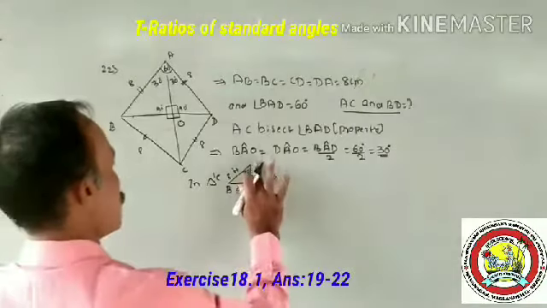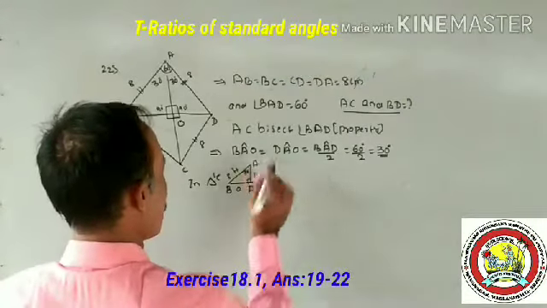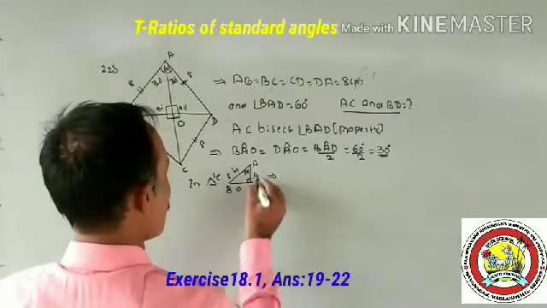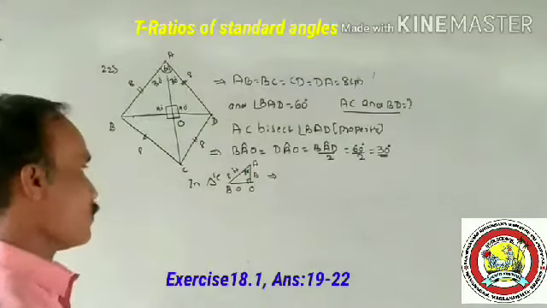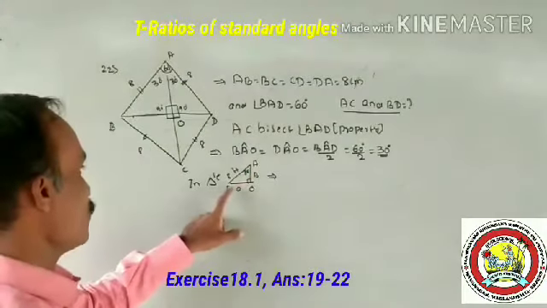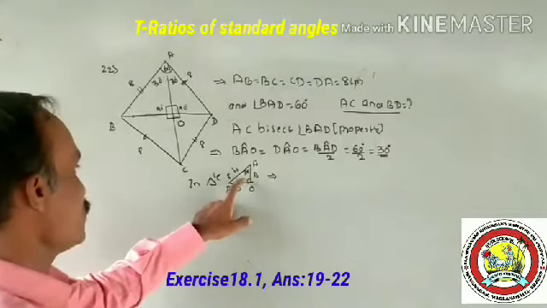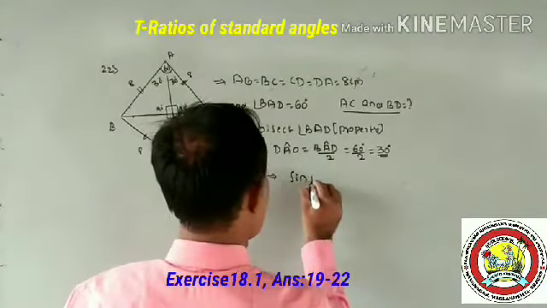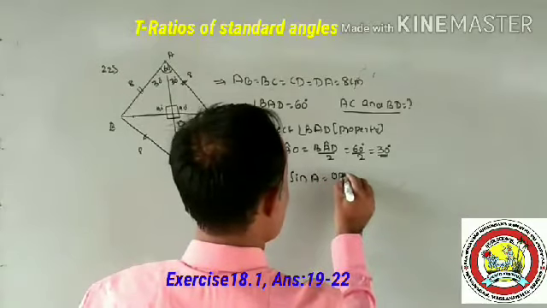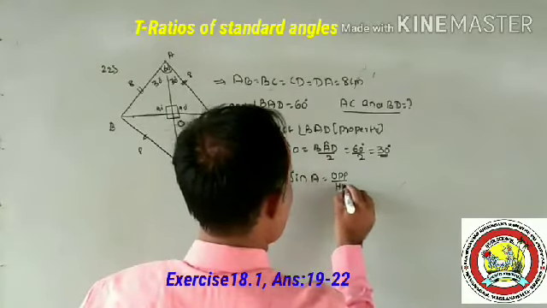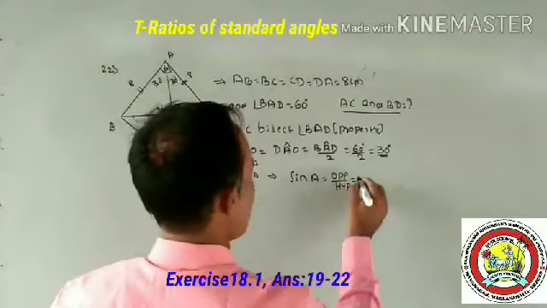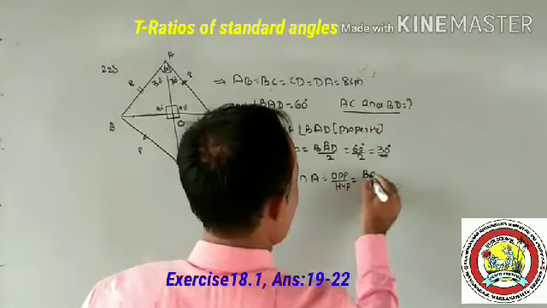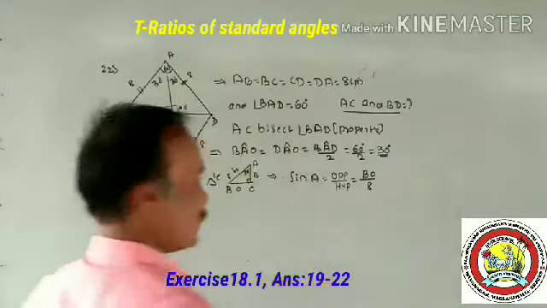We should find the base value, or BO value. So opposite divided by hypotenuse: sin A is equal to opposite divided by hypotenuse. Opposite means BO, hypotenuse is 8.